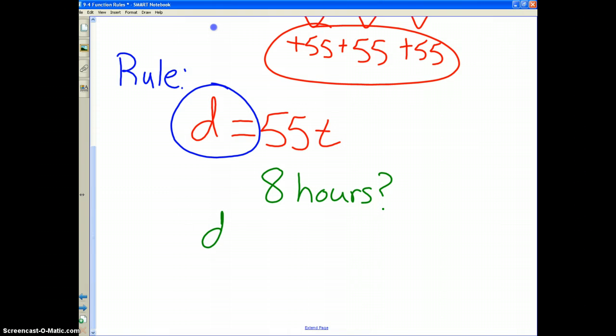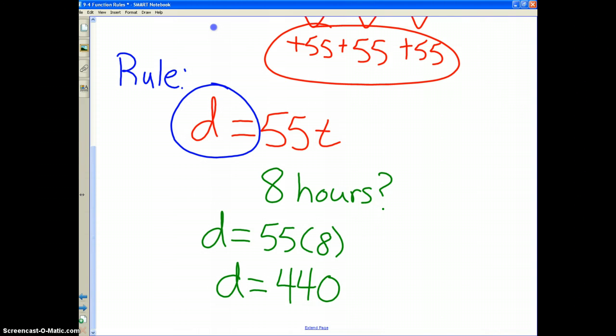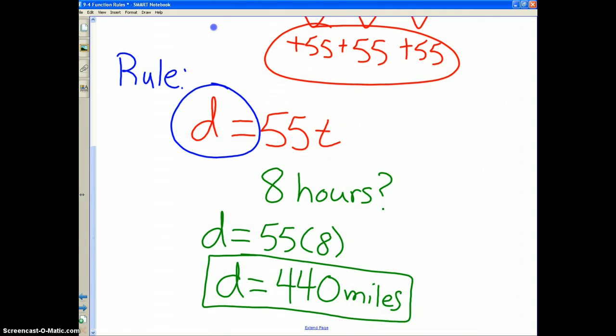So d equals 55 times 8, and we'll find that our distance comes out to be 440 miles. It's pretty close to what we were doing yesterday, but now we have an equal sign. It's an equation, not an expression. We actually have d equaling something.